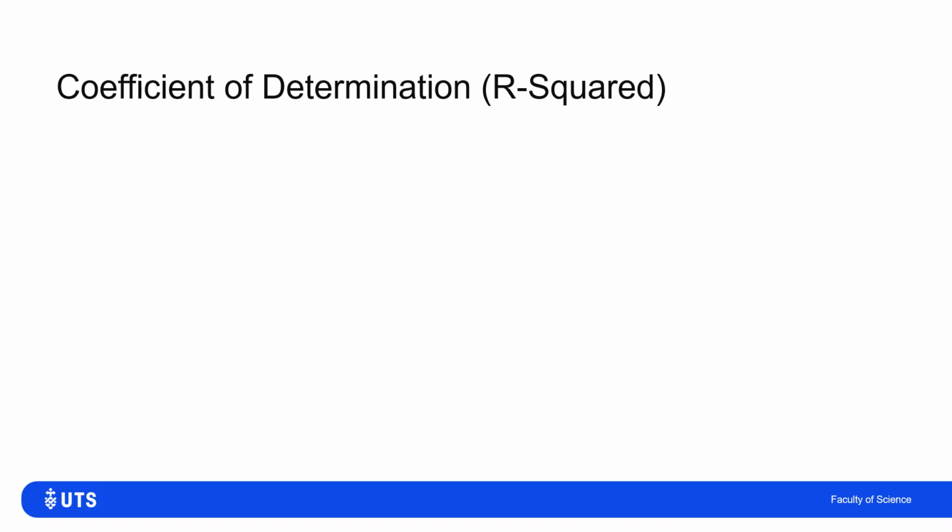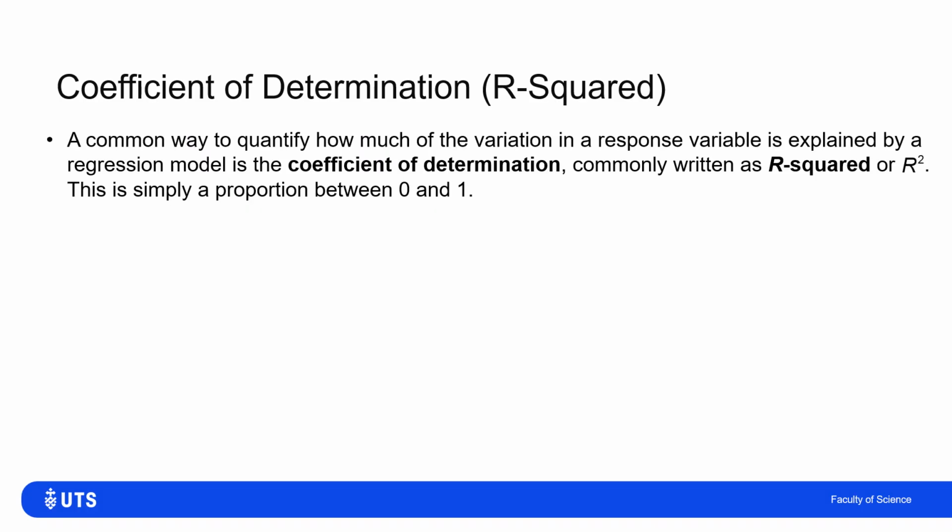Often we want to quantify how well our model describes some underlying data set. One common way to do that is through what, formally, is called the coefficient of determination, but you may know it more from its informal name of an R-squared statistic.